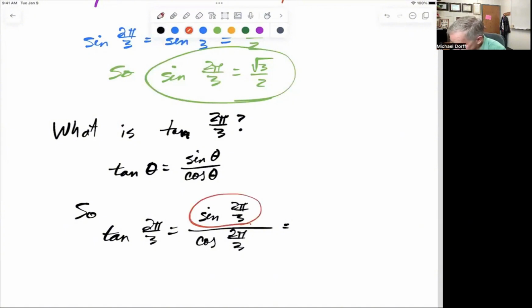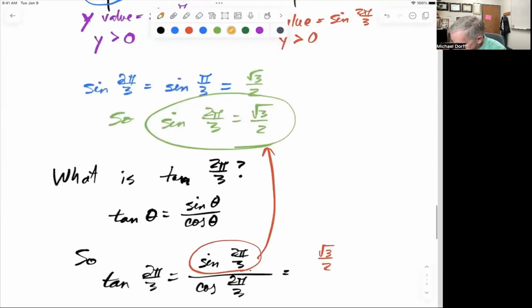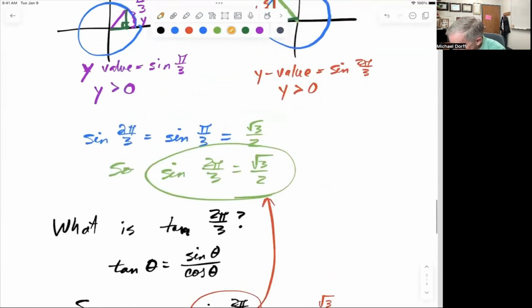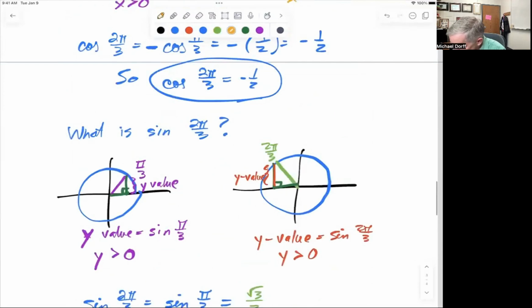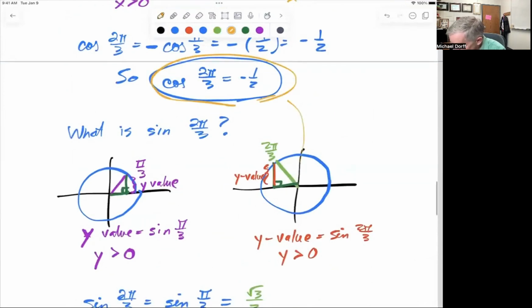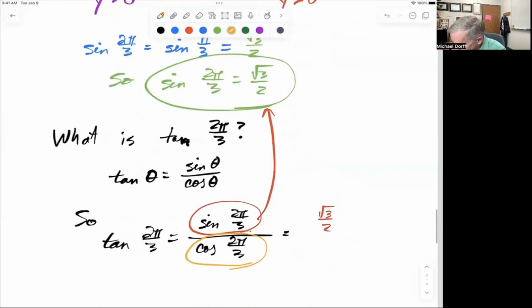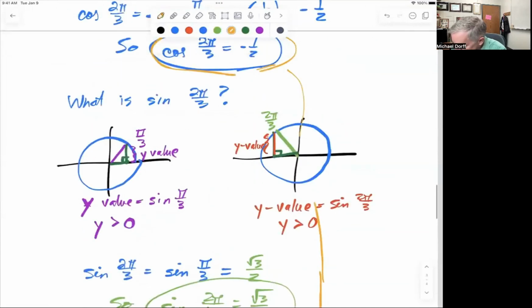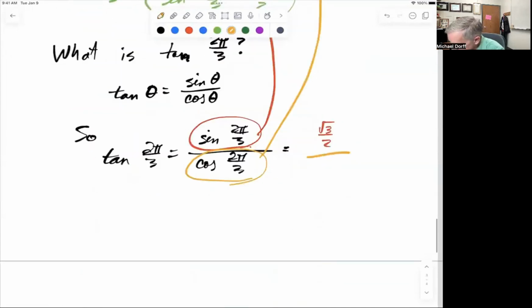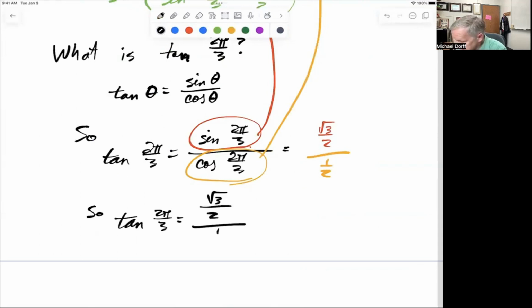The sine of 2 pi over 3 was square root of 3 over 2. And the cosine of 2 pi over 3, we just got up here, and that value was negative 1/2. So we have the tangent of 2 pi over 3 equals square root of 3 over 2 over negative 1/2.